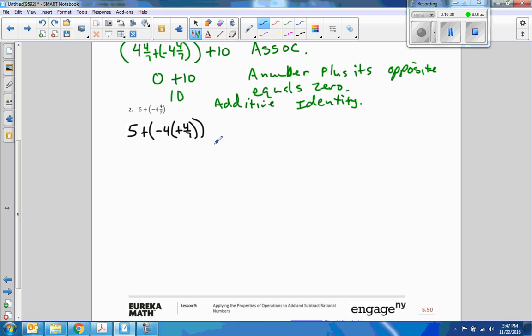Okay, a mixed number is equal to its parts, with the same sign. In other words, a negative 4 and 4 sevenths is the same as negative 4 plus a negative 4 sevenths.